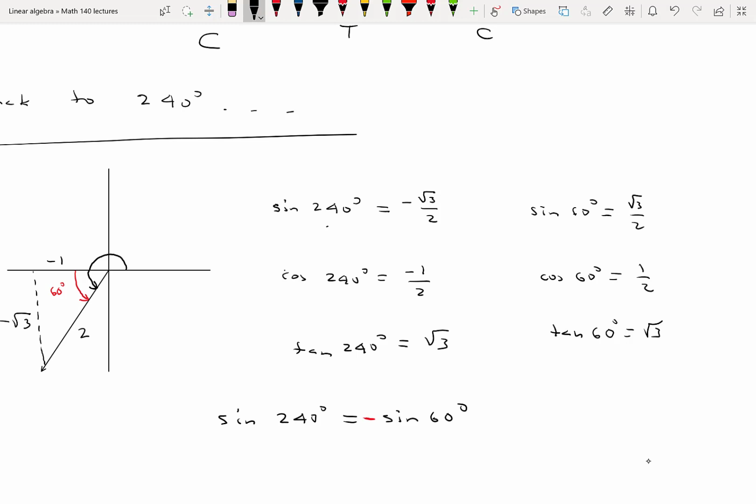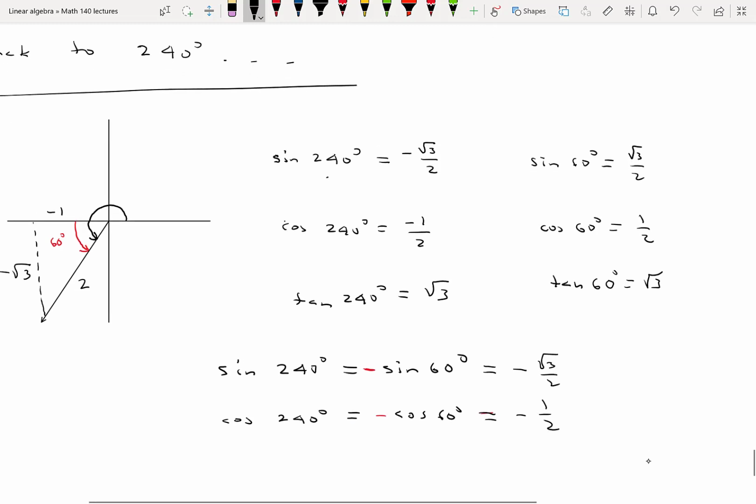So trig functions of an angle are not quite equal to trig functions of the reference angle. Sometimes you have to insert a minus sign. The sine of 240 is negative the sine of 60, negative radical 3 over 2. Now look at the cosine of 240. The cosine of 240 and the cosine of the reference angle 60 are not the same. You have to insert a minus sign. It equals minus 1/2.